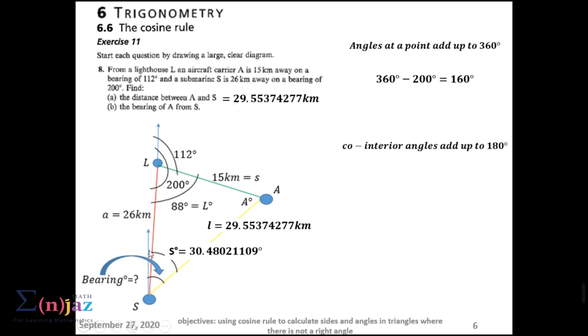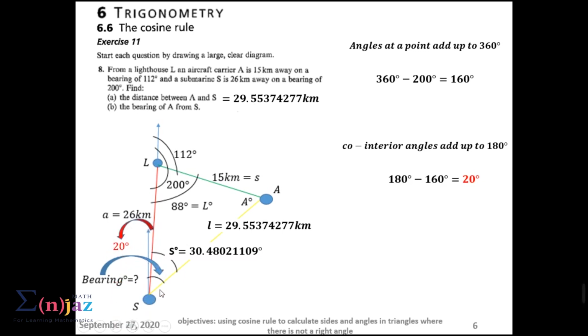Now to calculate this small angle between the north from S and the red side here, this angle with the 160 degrees angle are co-interior angles, and co-interior angles add up to 180, meaning if we subtract the 160 from 180, we are going to find this small angle between the north line from S and the red side in the triangle. And this angle here, as you can see, is equal to 20 degrees.